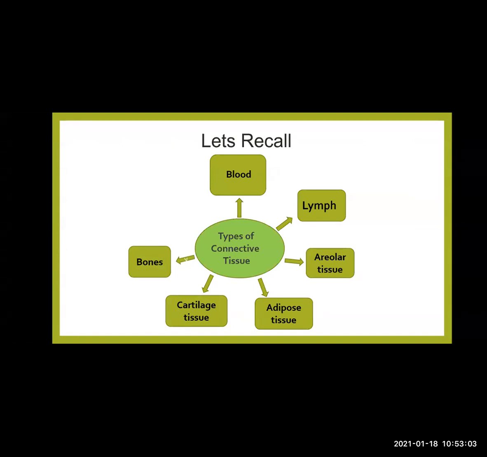The next is bones. This is the hardest tissue in our body due to the matrix that is made up of calcium and phosphate. The cells present in these are known as osteocytes, embedded in the matrix made up of calcium and phosphate. You all know bones are present in our entire skeleton. So its function is to provide support to the body.